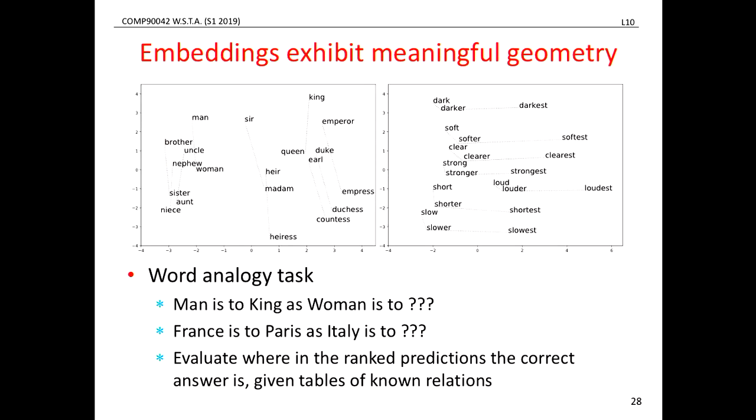But one of the more interesting things, hopefully you can see this up the back, is that there's an interesting geometry to the word meanings that are learnt this way. In this example on the left, I probably should have attributed this figure. I think this was from the GloVe paper a few years ago. Here are words like brother and man and uncle.